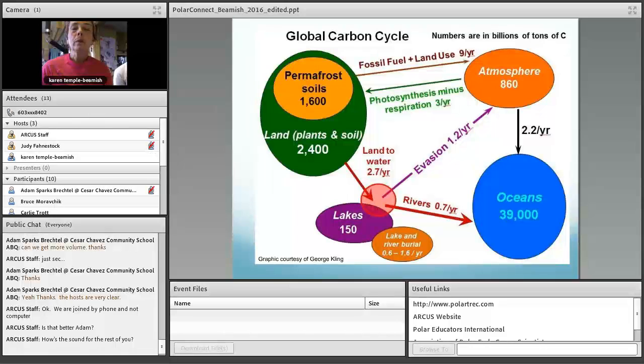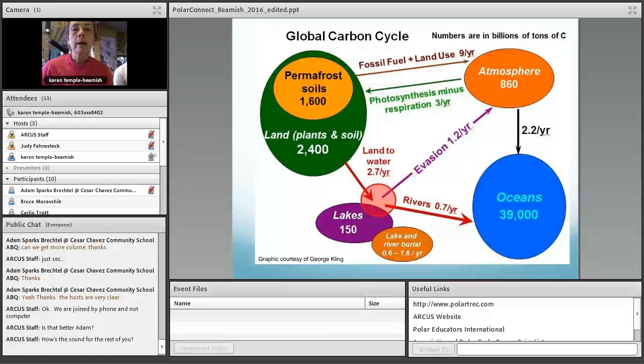So plants on our planet act to remove carbon dioxide from the atmosphere through the process of photosynthesis, and then animals and microbes return this carbon back to the atmosphere in the form of methane and carbon dioxide.